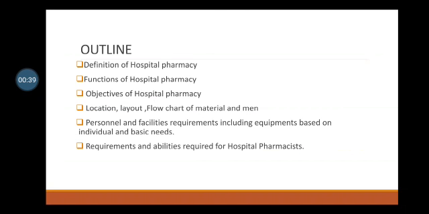This point we have discussed in a previous lecture. Now, in this lecture, we will start with the pharmacist requirement, floor and space requirements, qualitative norms for floor area, equipment requirements and abilities required for hospital pharmacists, etc.